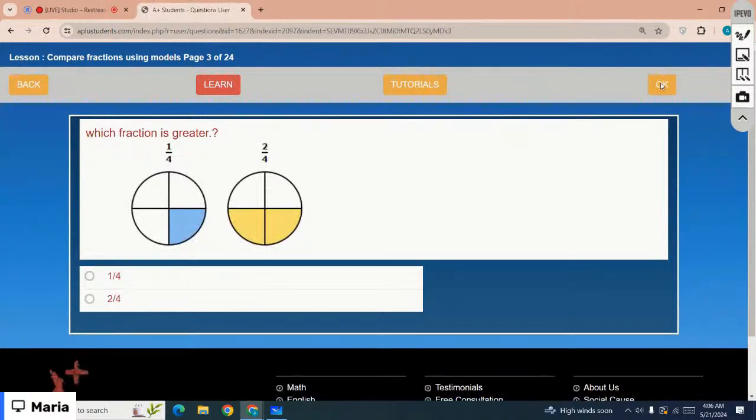Which fraction is greater? 1/4, 2/4. Yes, the correct option is 2 by 4. The one that has more portions colored is the greater. So 2 by 4 is the correct option.